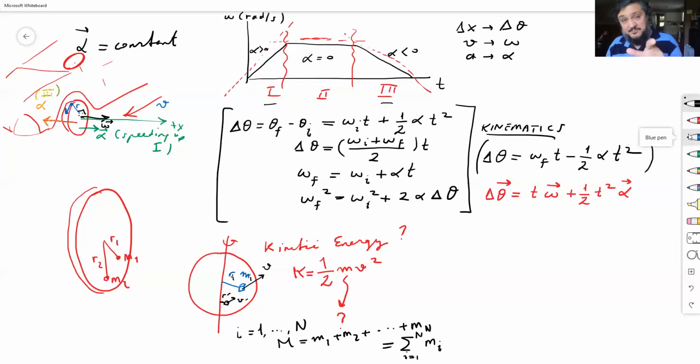And each mass will have a different radius from the rotation axis, denoted by ri. Do you see now what I mean by which mass is going to go into the kinetic energy formula? Obviously, I cannot just use the capital M there because that corresponds to many different velocities.